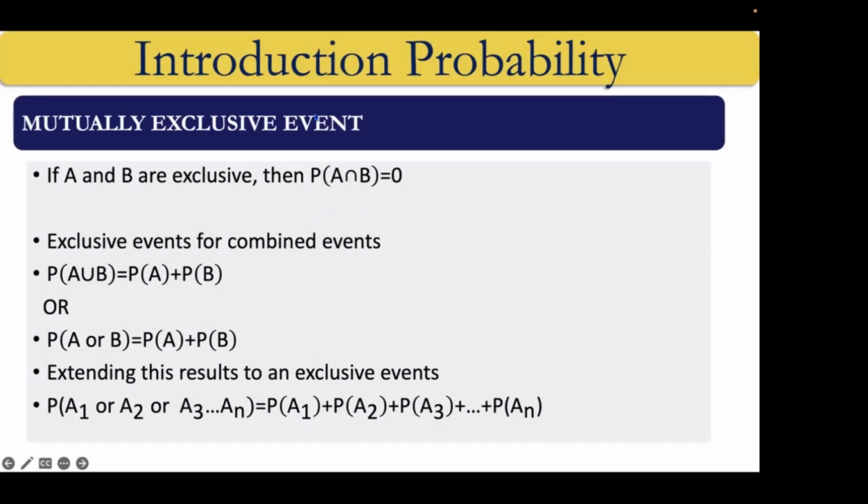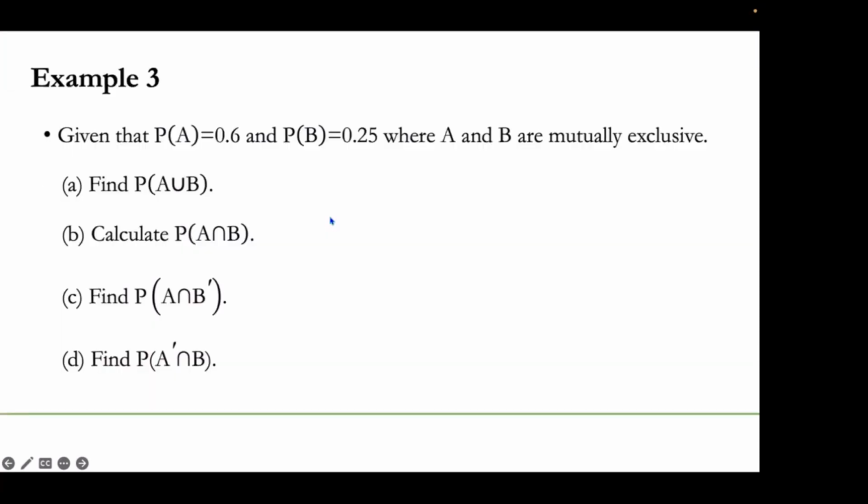And then we have mutually exclusive. Mutually exclusive means there is no intersection. That's all about mutually exclusive. That's why A intersection B is equal to 0. And then we have this example on mutually exclusive.